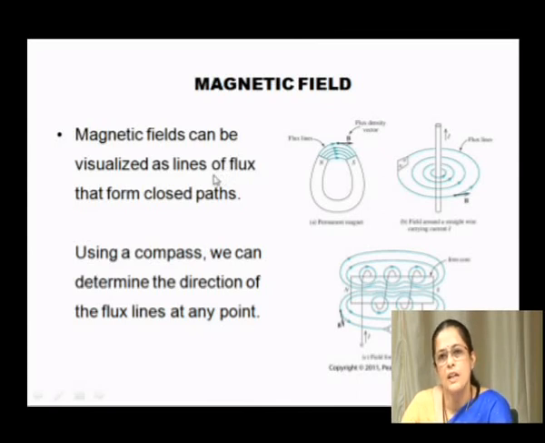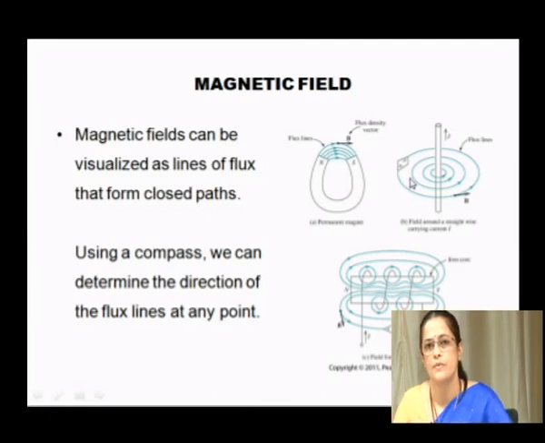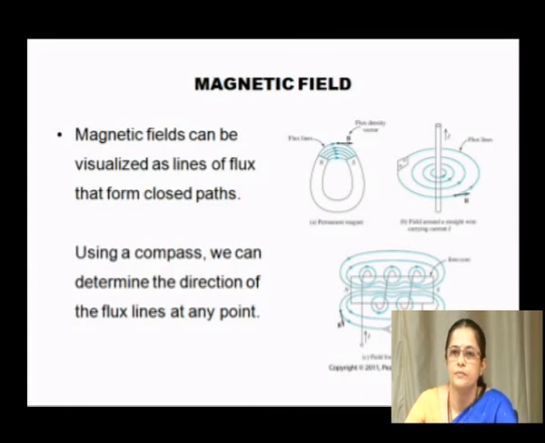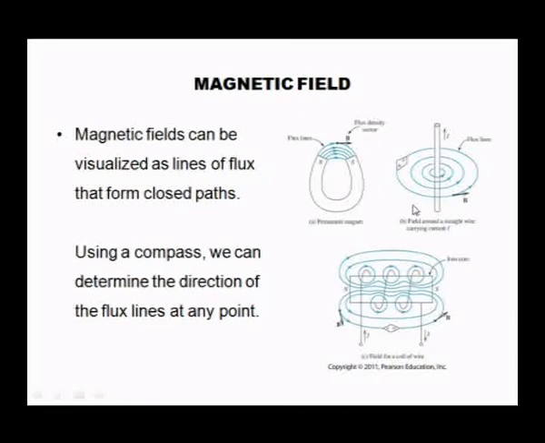These magnetic fields can be visualized as lines of flux that form closed paths. We know that any current carrying conductor sets up a magnetic field around itself.